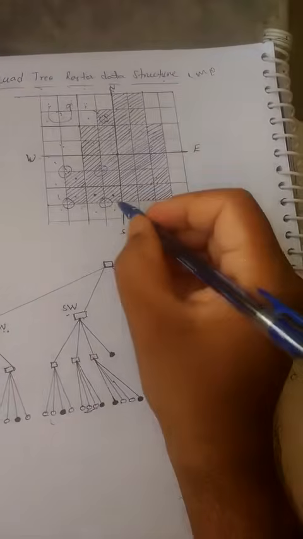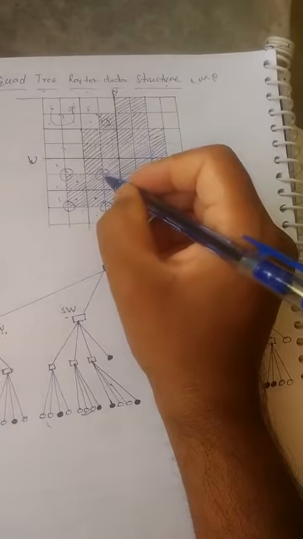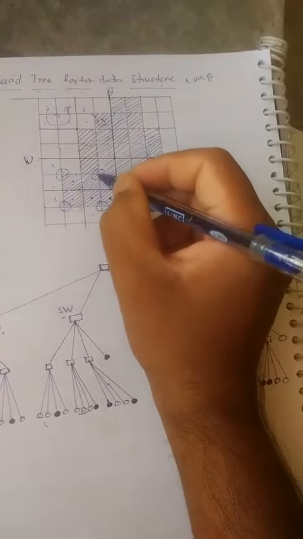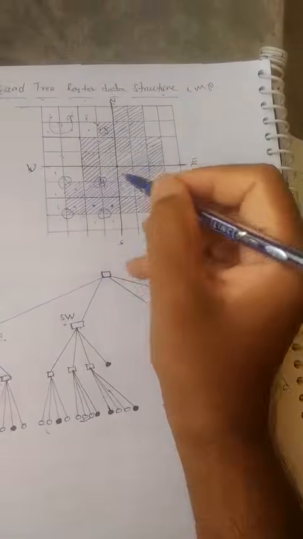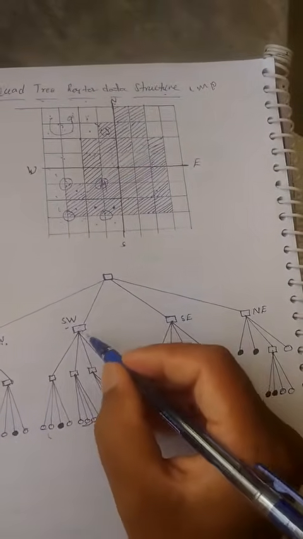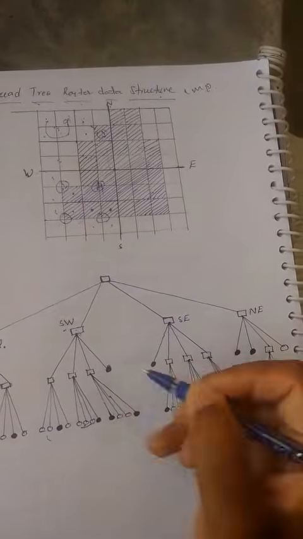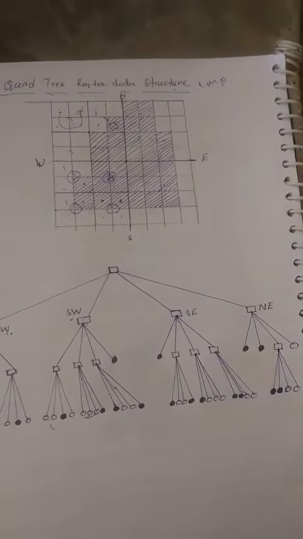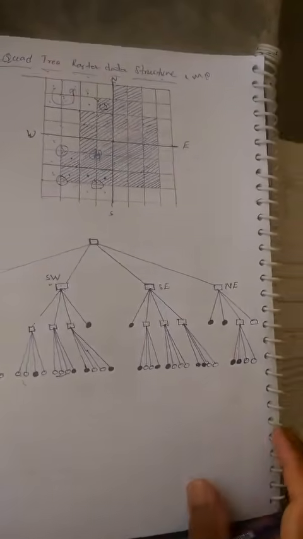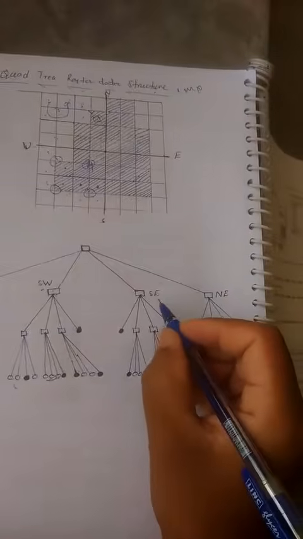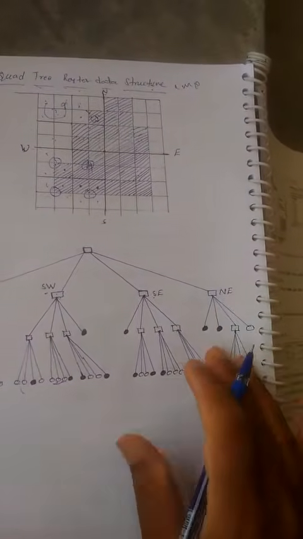In total, this fourth one is completely sharing the boundaries. That is the reason why here the fourth one is made completely darker, which means it is sharing the boundaries. Similarly, southeast and northeast are also the same.